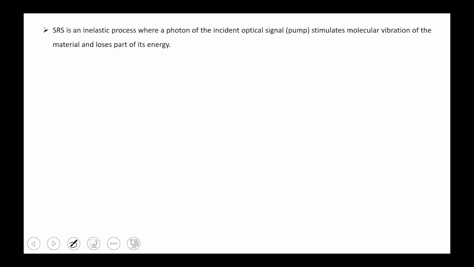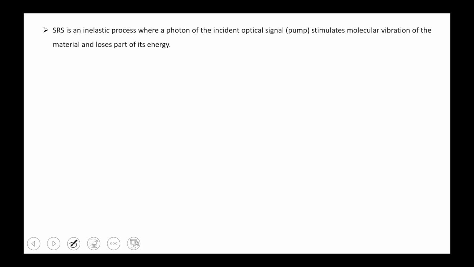So what happens in SRS? SRS is an inelastic process where a photon of the incident optical signal, the pump, interacts with vibrating molecules and loses part of its energy. In a laser we use stimulated emission, based on the principle of pumping electron-hole pairs, through which energy is generated.